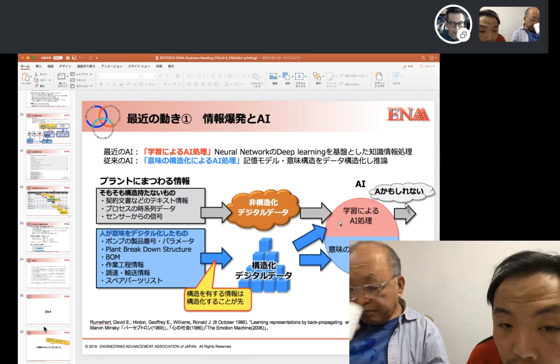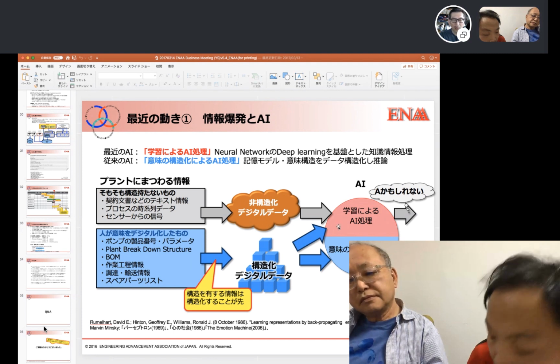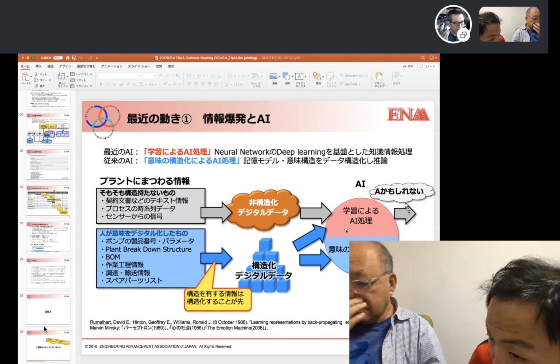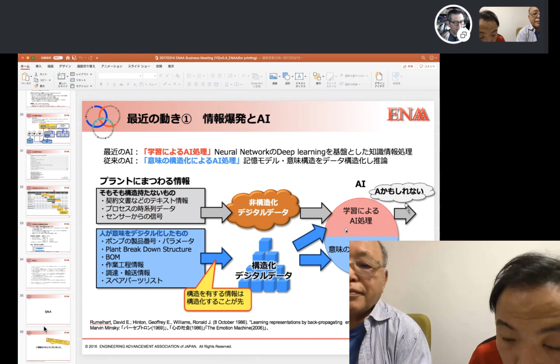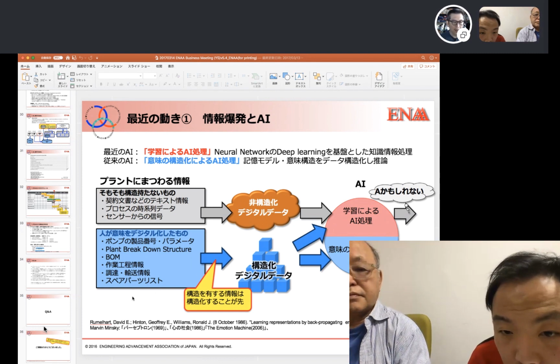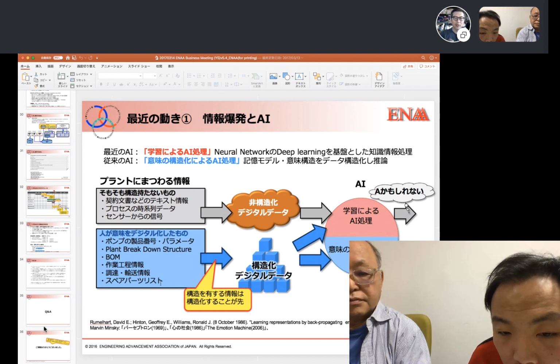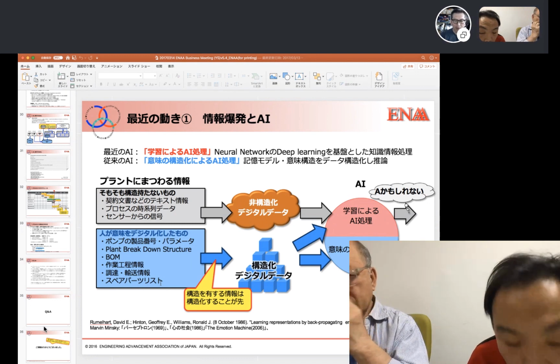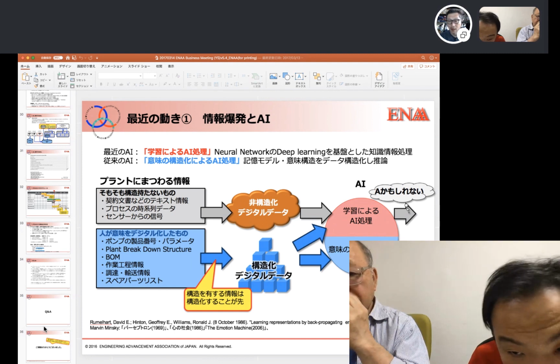I myself believe it is wrong to totally rely on machine learning AI without thinking about our own structuring of the information. We humankind have to give the meanings to the data representation ourselves, not rely on machine learning AI.